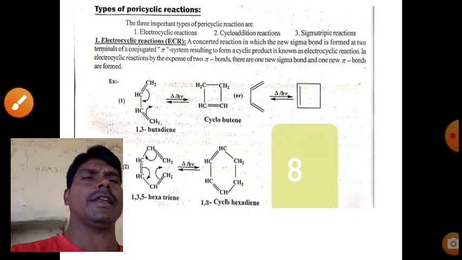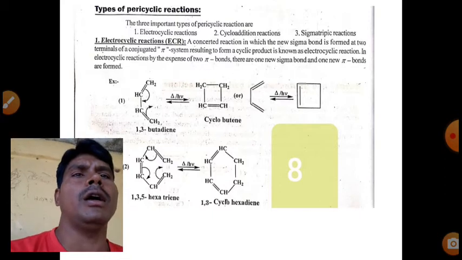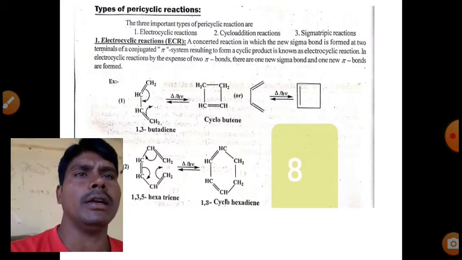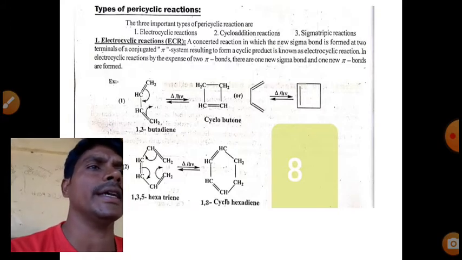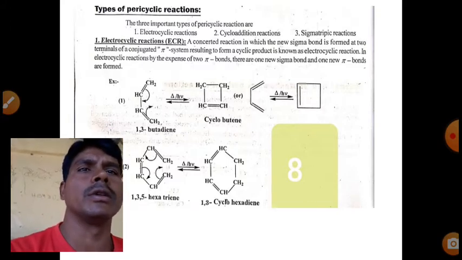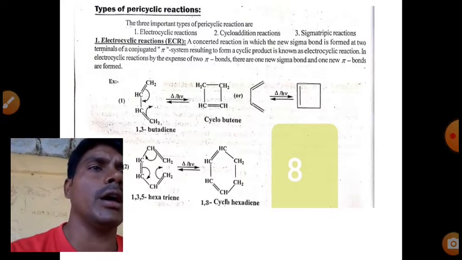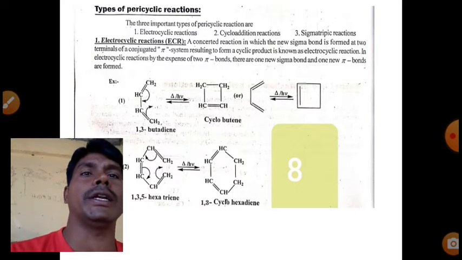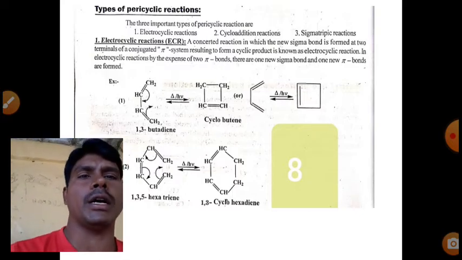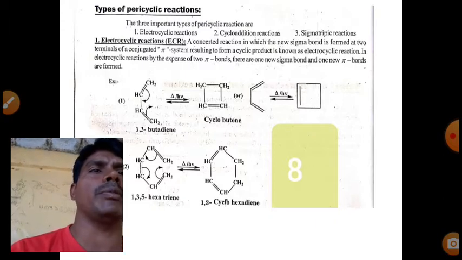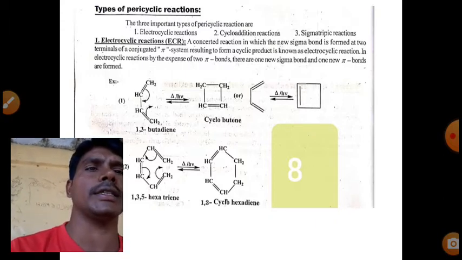Types of pericyclic reactions. The three important types of pericyclic reactions are electrocyclic reactions, cycloaddition reactions, and sigmatropic reactions. First, electrocyclic reactions: a concerted reaction in which a new sigma bond is formed at the two terminals of a conjugated pi system, resulting in a cyclic product, is known as an electrocyclic reaction.